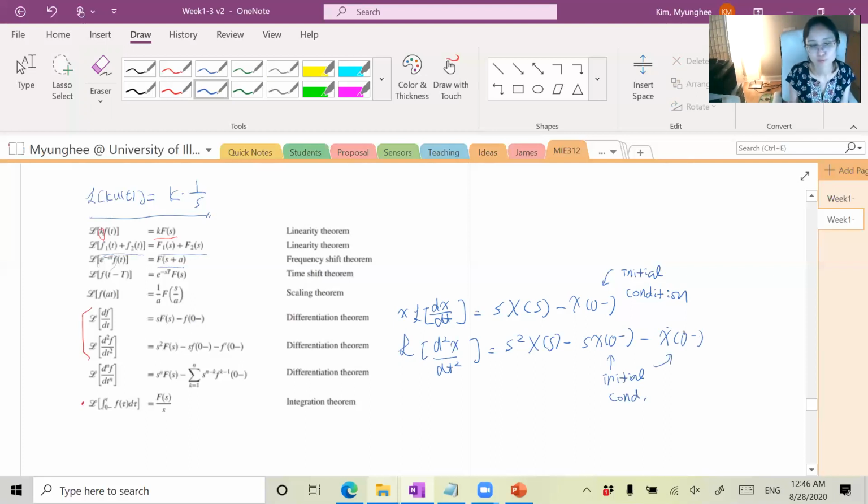And for a mechanical system such as a spring, mass, and damper system, this will be 0 position and 0 velocity.